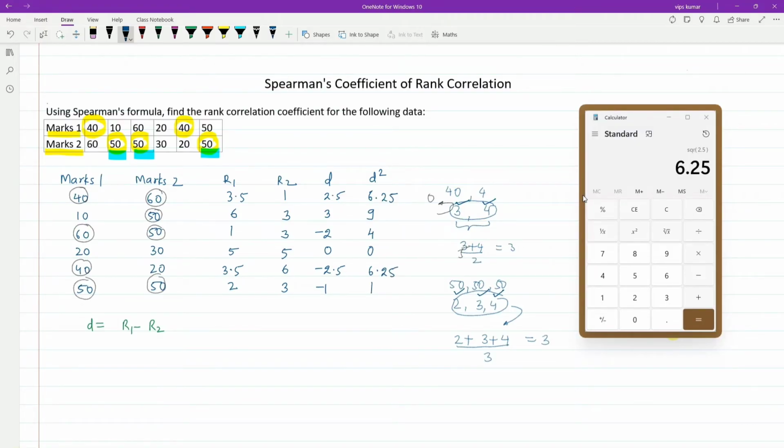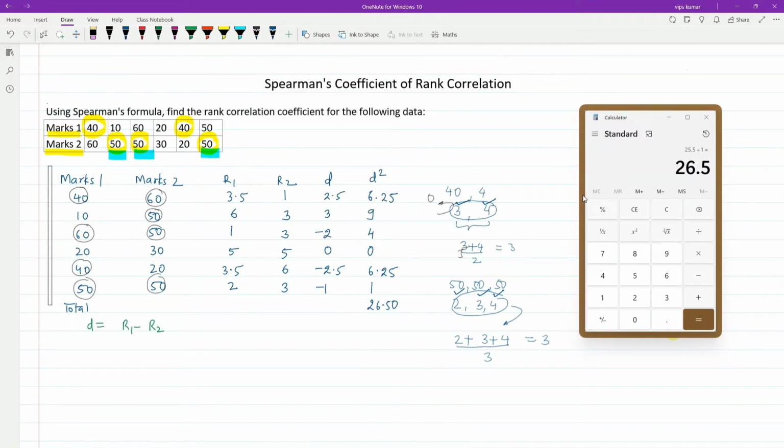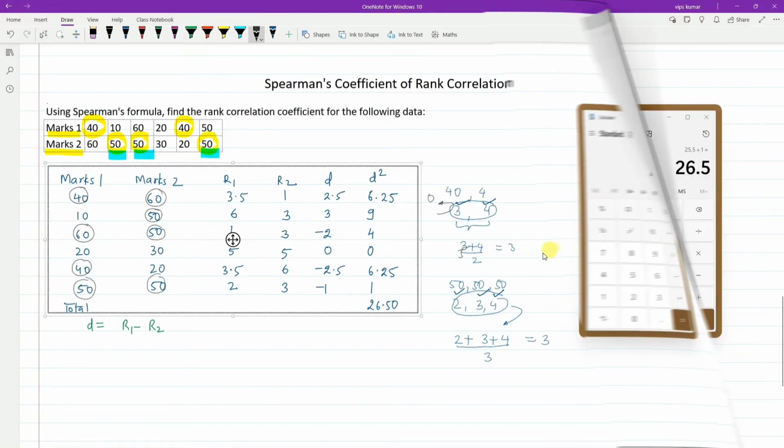You need to take the sum of the D square. So we will add a column for total and we'll add this up. So we have 6.25 plus 9 plus 4 plus 0 plus 6.25 plus 1, which is 26.5. And let us enclose it in a table. So we are done with the first part.